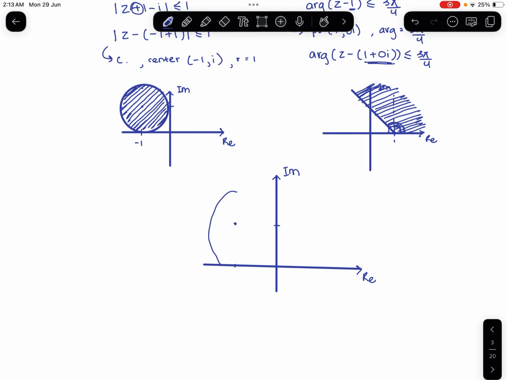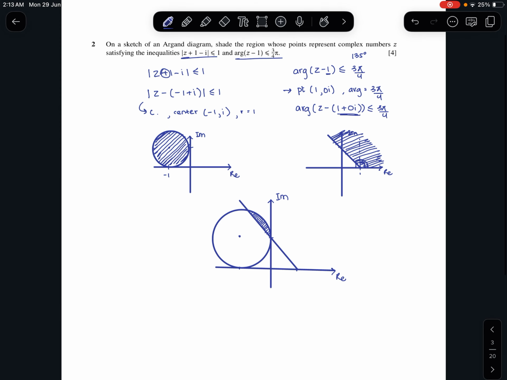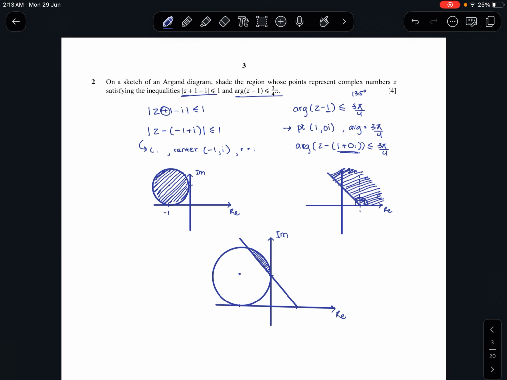Yeah, so we have a circle here, and after that we have our point 1 over here, and then we have our 135-degree angle going just like this. There. So now we can see the only place that these two are overlapping would be this area here. That is exactly what you have to shade. So hope that was understandable.